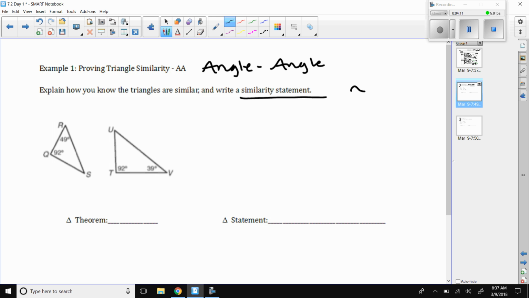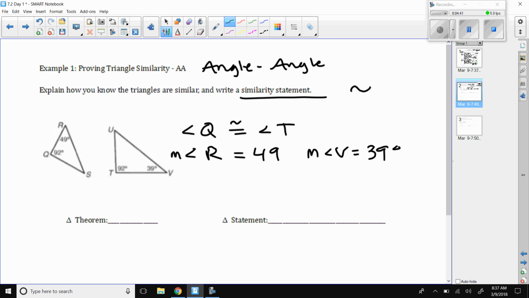And this is using the squiggly that we have. I can see here that these two triangles have 92, so angle Q is congruent to angle T. The other angles: the measure of angle R is 49, and the measure of angle V is 39.